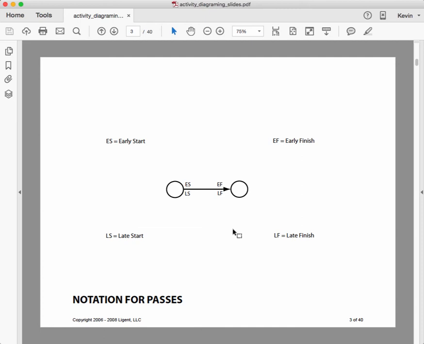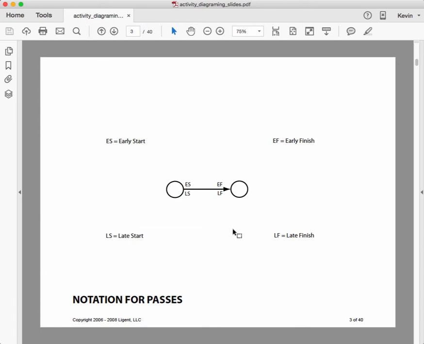So typically what we do when we do this technique by hand is that we calculate 4 values for each of the tasks or activities: early start, early finish, late start, late finish.